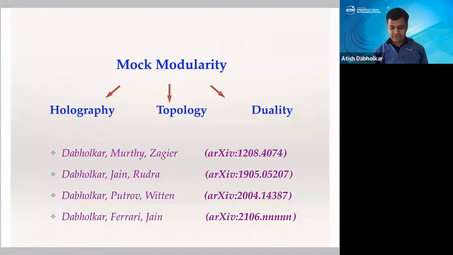There is also ongoing work that we hope to finish soon with Francesca Ferrari and Diksha. So these are my distinguished collaborators. Zwegers and Witten don't need introduction, but Pavel is a colleague at ICTP.